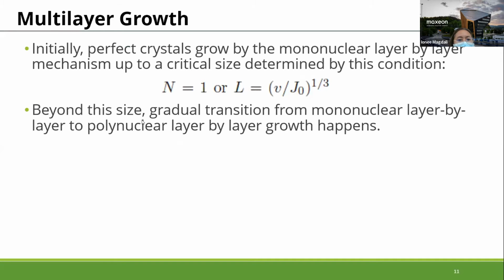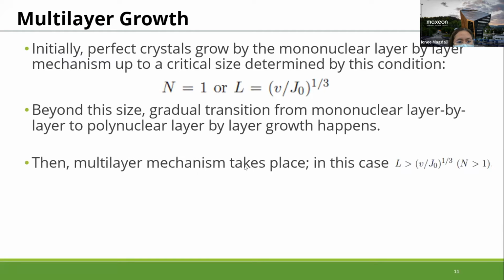And beyond this size, a gradual transition from the mononuclear layer by layer growth to polynuclear layer by layer growth happens. And then the multi-layer mechanism takes place, in which case L is now greater than (V over J naught) raised to 1/3, or n is greater than 1.